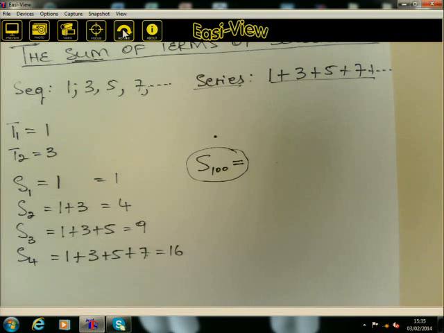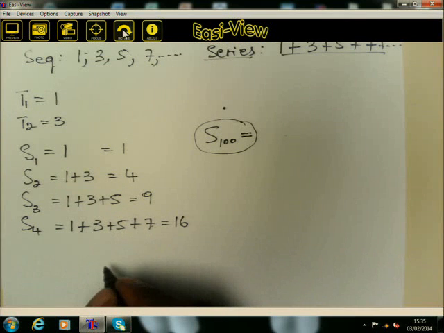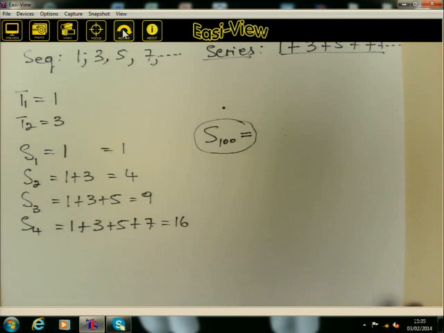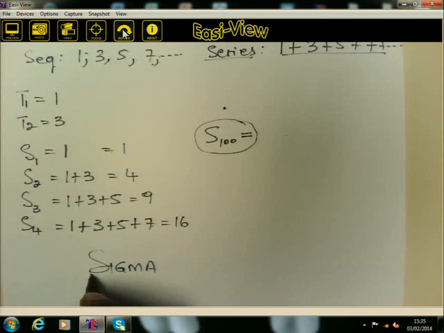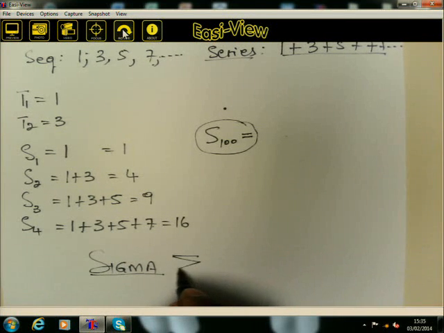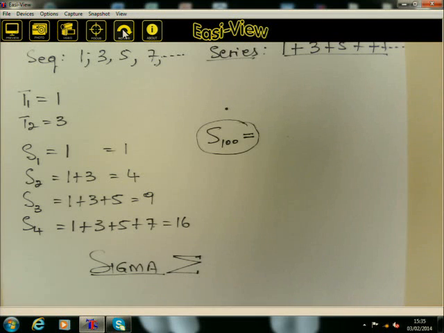Remember, from the previous session that we had, we talked about the general term. It is the general term that takes us to that. So now, in order to get those, we must introduce what we call the sigma, which is denoted by this letter.